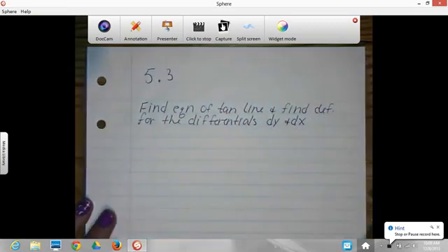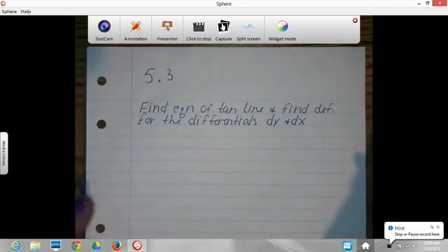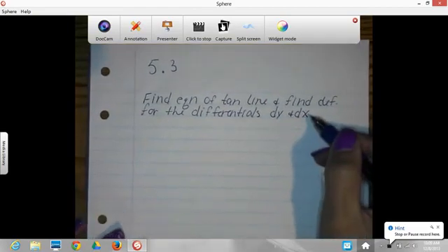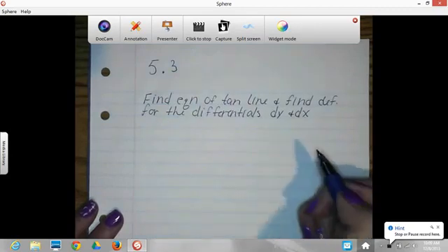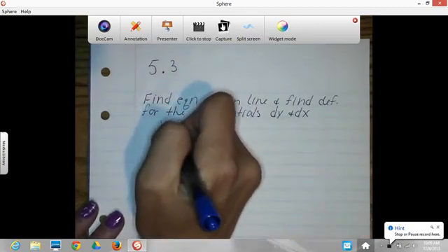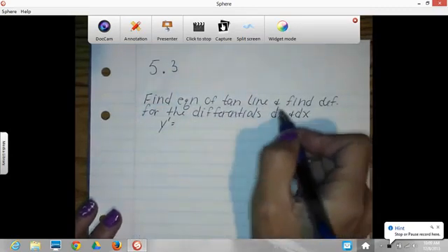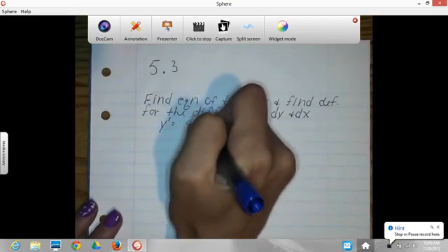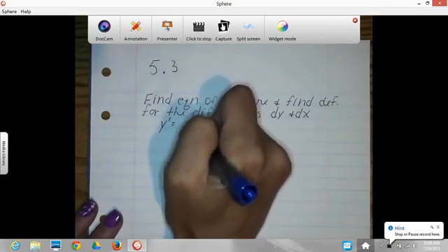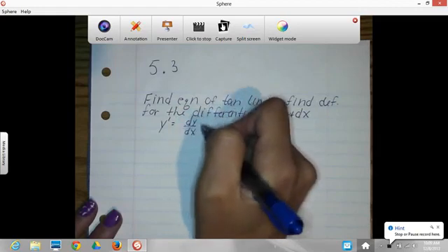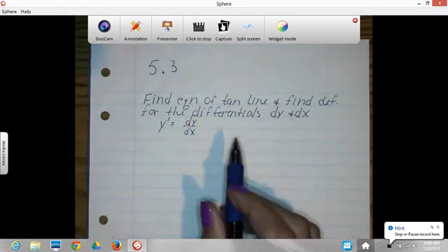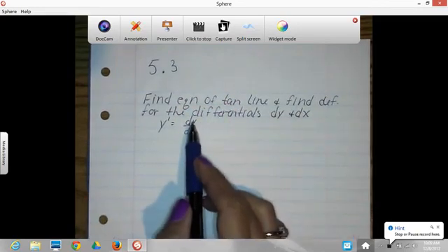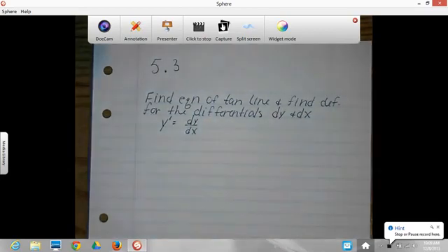Now, where you've seen dy and dx, I don't write it very often because it's a longer way to do it, is when we do derivative. We always called it y prime. Y prime equals, well, remember the other notation for that is dy over dx. And we think of that as one unit, but in this lesson, we're going to be separating the two and finding definitions for each one individually.